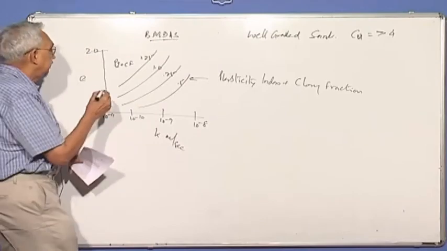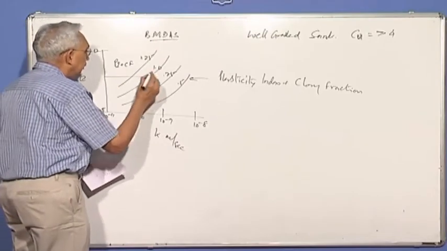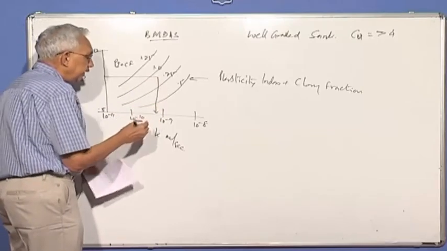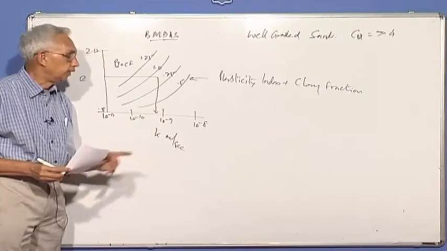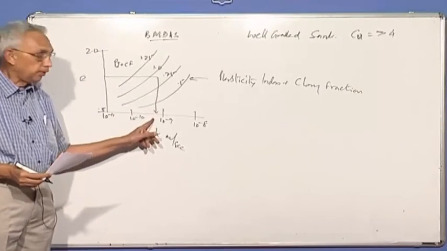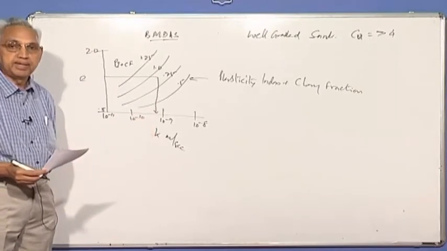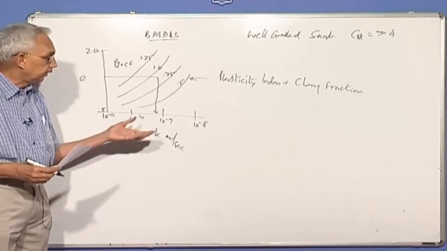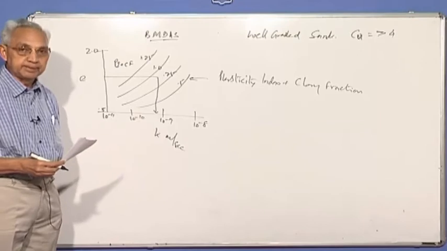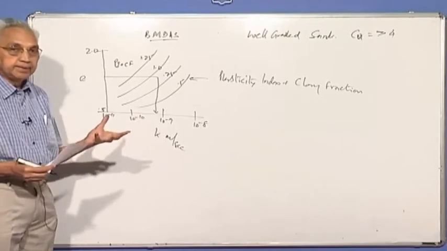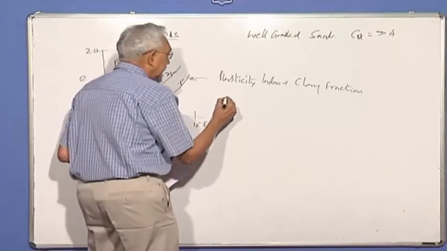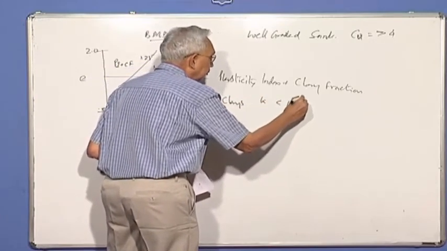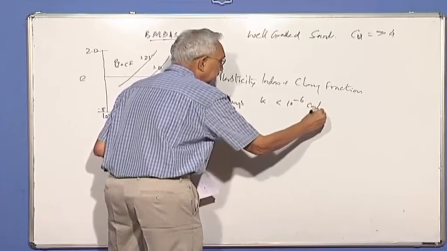For a particular, let's say, void ratio of something like 1.5 and 0.8, you will immediately get this to be somewhere around maybe 8 or 9 into 10 to the power minus 10 meters per second. Multiply by 100, you will get centimeters per second. As I said, for clays or fine grained soils, K is less than 10 to the power minus 6 centimeters per second.